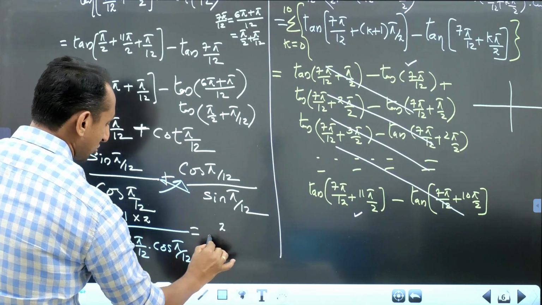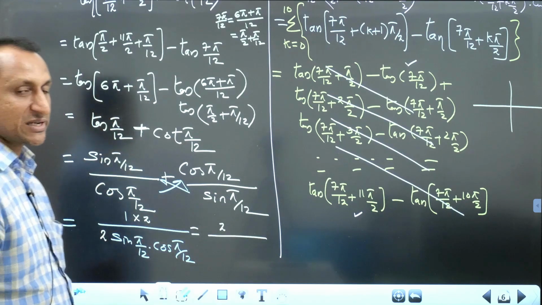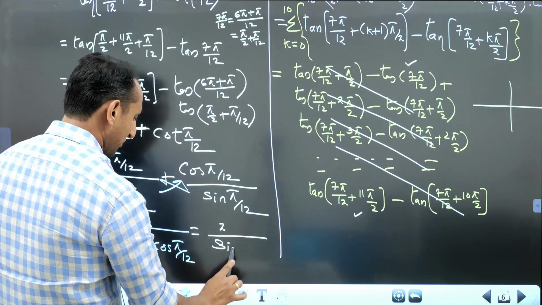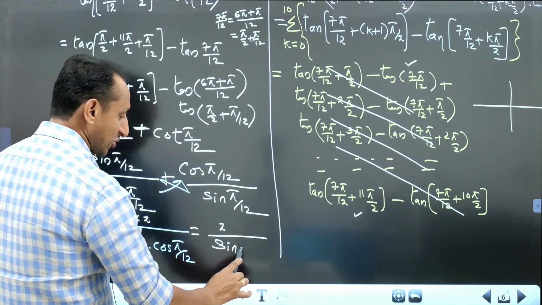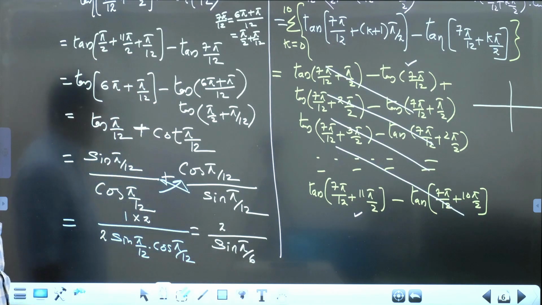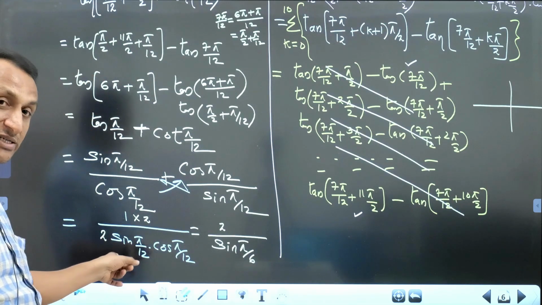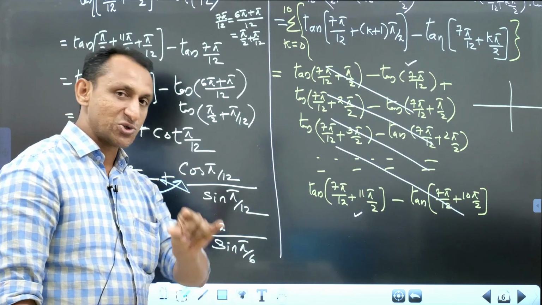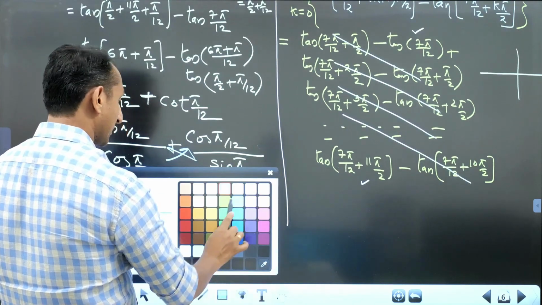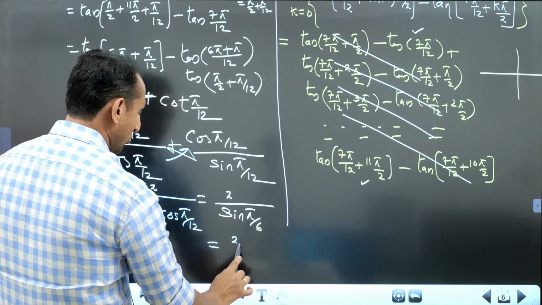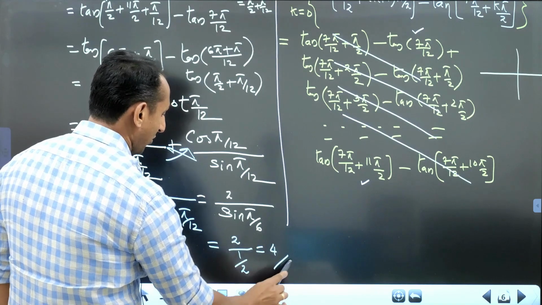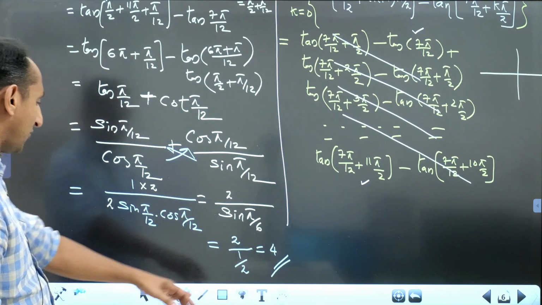It becomes 2 by 2 sin θ cos θ, and 2 sin θ cos θ is sin 2θ. So it becomes sin of 2 into π/12, which is sin π/6. The 2 and 12 cancel, becoming 6. Sin π/6 is 1 by 2, so 2 by 1/2 becomes 4.